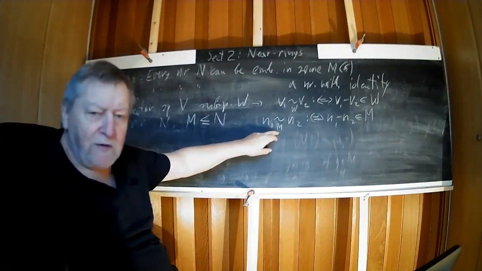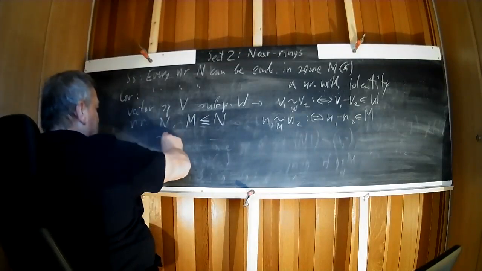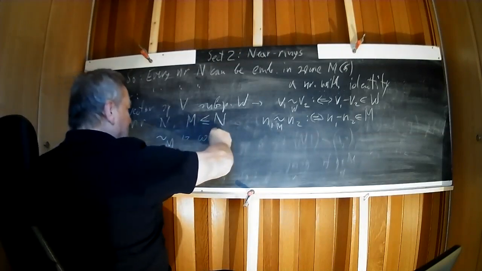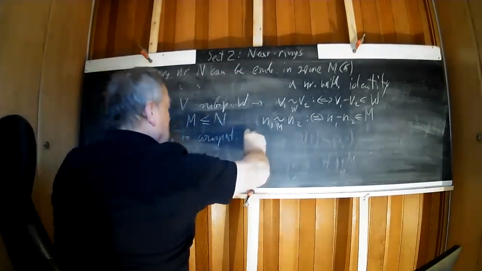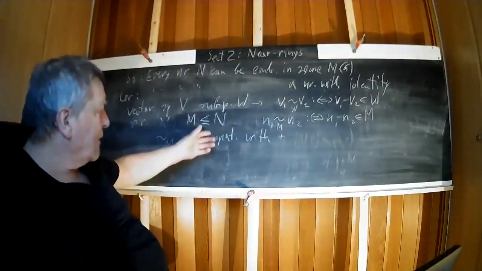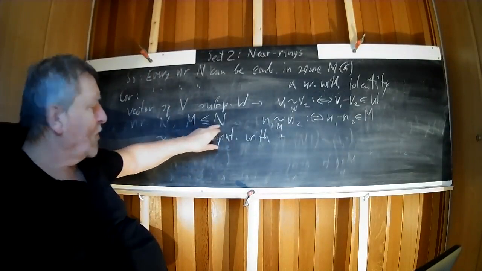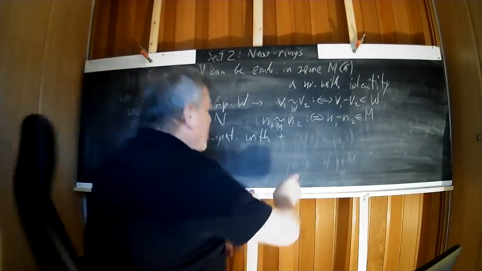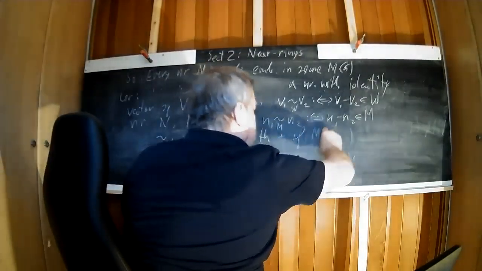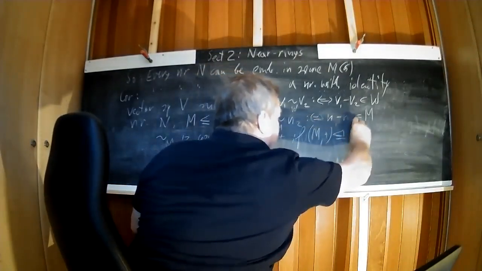We can say that this is compatible with plus. That's a group theoretic question. We know the answer: if and only if M is a normal subgroup of N. M plus is a normal subgroup, and we denote this in this way of N plus.